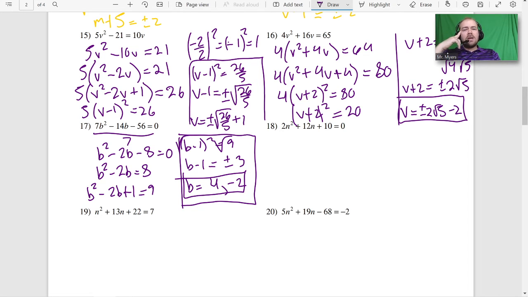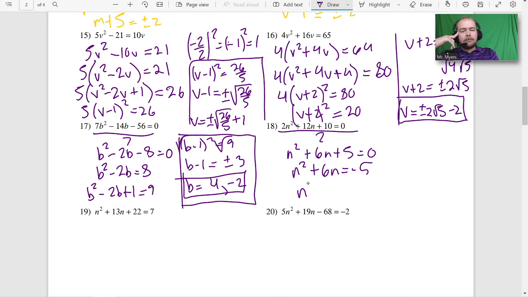Boxception. Number 18, step 0. We can divide everything by 2. n squared plus 6n plus 5 equals 0. And we subtract 5 from both sides. 6 over 2 is 3. 3 squared is 9. Add 9 to both sides.